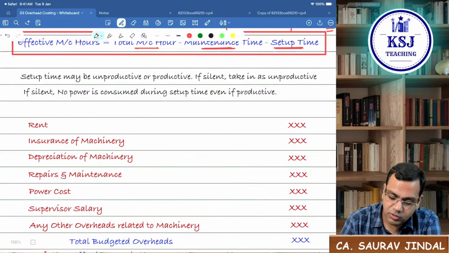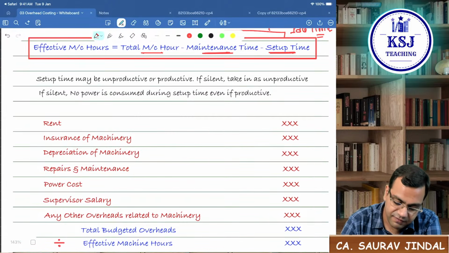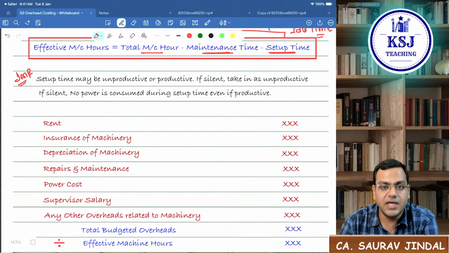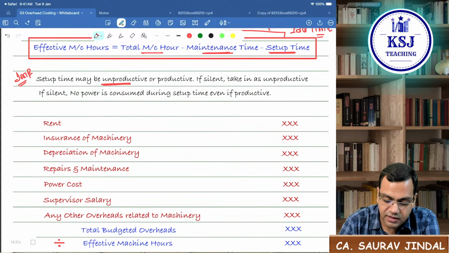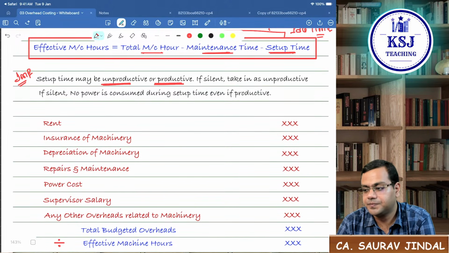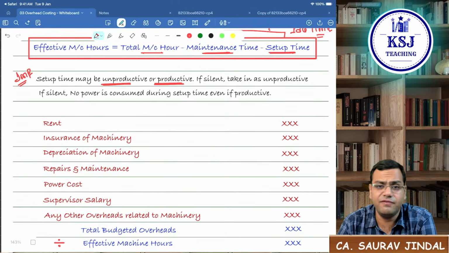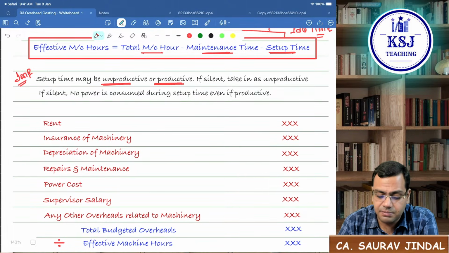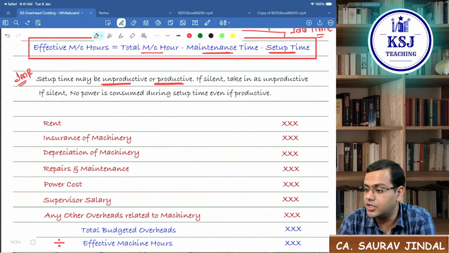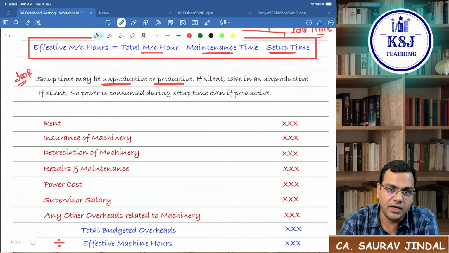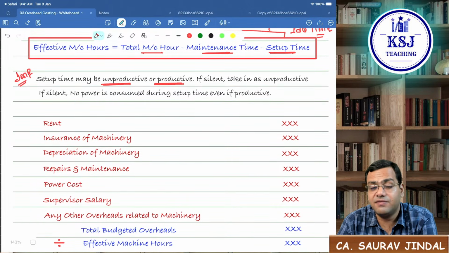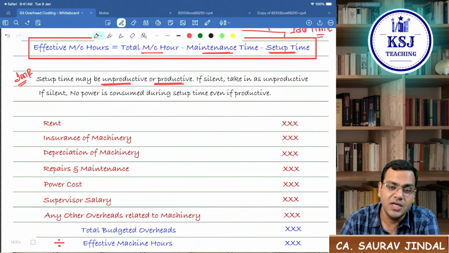Now, talking about the setup time, this is a very, very, very important note that you have to be careful about. They say the setup time may be unproductive or productive. Ideally, practically, the setup time is unproductive. If you are preparing the machine for the production, it will be unproductive. But if the question specifically says that setup time is productive, then we will consider it as productive.